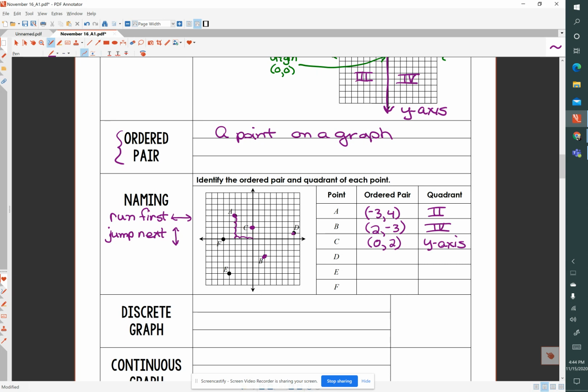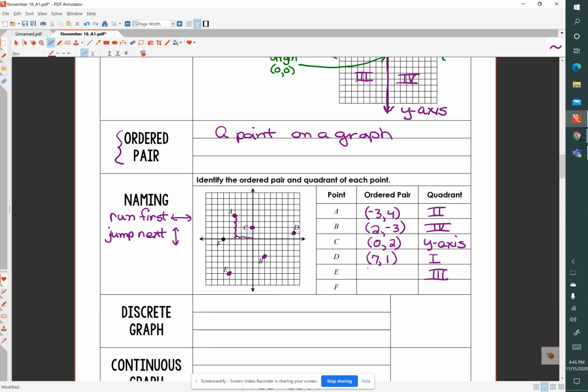Point D is in quadrant 1, and it can be labeled with point positive 1, positive 7. Point E is going to be negative in the x and y value because it lies in quadrant 3, where everything is negative.